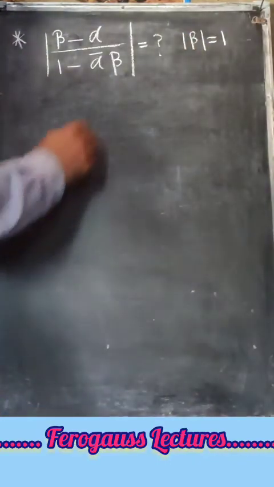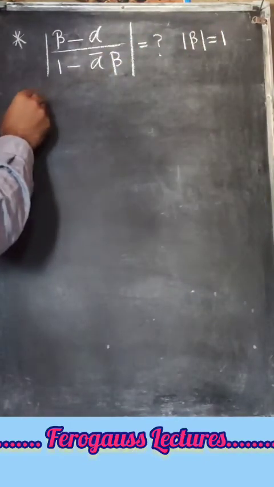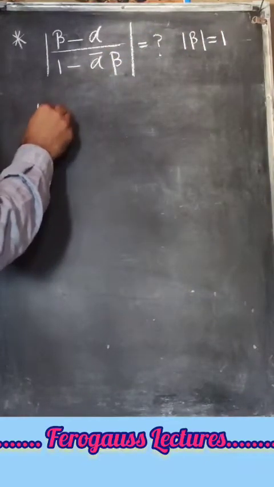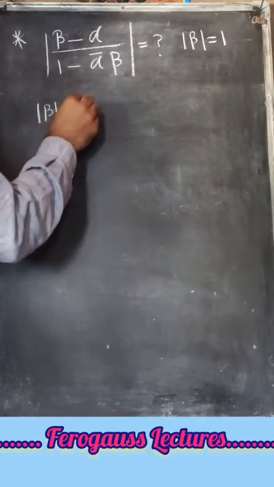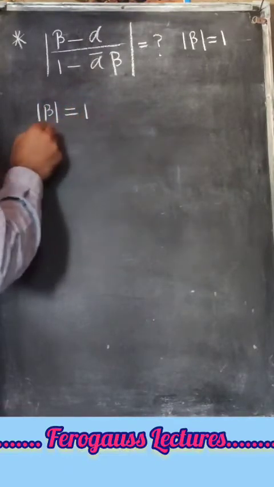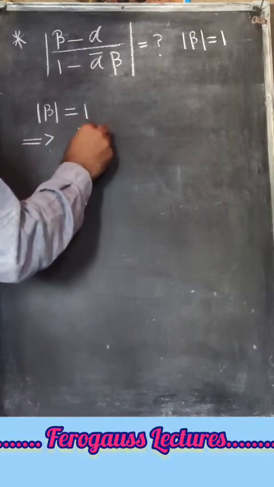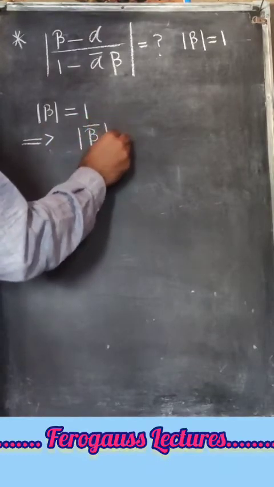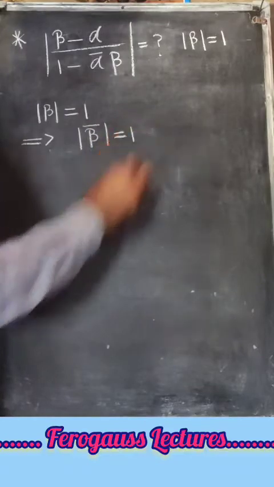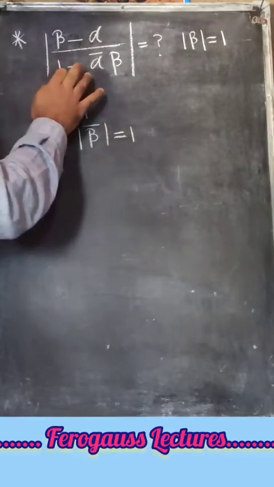Since modulus of beta is equal to 1, that implies mod of beta conjugate is also equal to 1. Now we will find this.